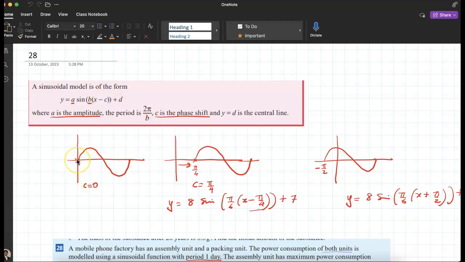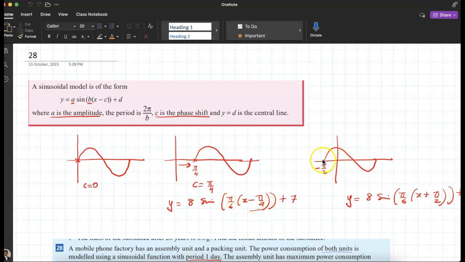So your basic sine function always starts from (0, 0). If this is translated pi by 4 units to the right, your C will become pi by 4. A minus sign is there in the formula. So when it shifts to the right, you write x minus pi by 4.